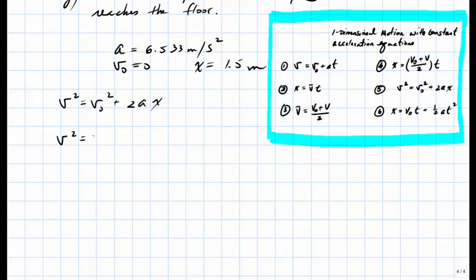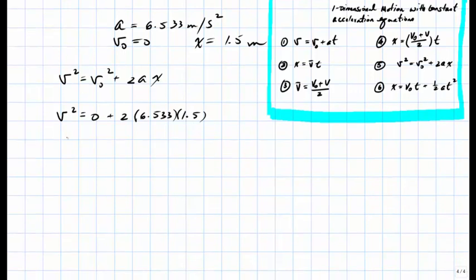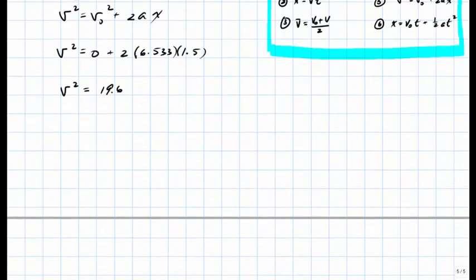Okay, so the initial velocity is 0. The acceleration is 6.533. The value for x is 1.5. If we multiply those two, we get 19.6. Next, we have to take the square root of both sides. And in doing so, we have to introduce a plus or a minus.